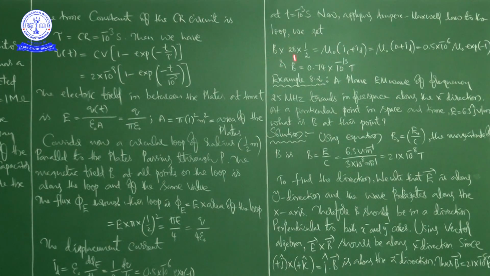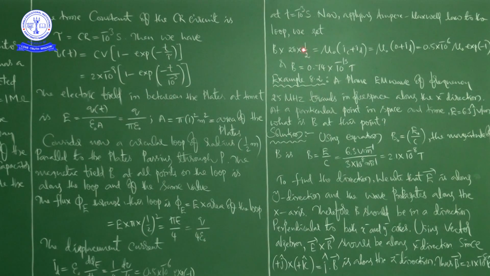What is IC? That is 0, we have only the ID value. So we substitute the ID value, 0.5 into 10 to the power of minus 6, so mu naught into 0.5 into 10 to the power of minus 6 into exponential of minus 1.